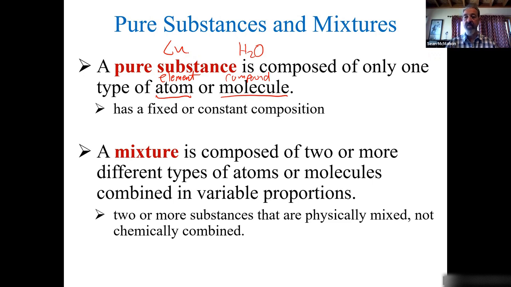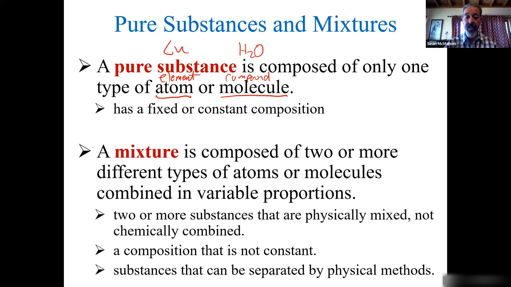The substances can be mixed, and they're not chemically combined. They're not bound to each other. Again, that reference of adding more sugar to the tea: a composition that is not constant. I could have 10% sugar, 5% sugar in my tea. I can change that concentration. Same with the salt solution.